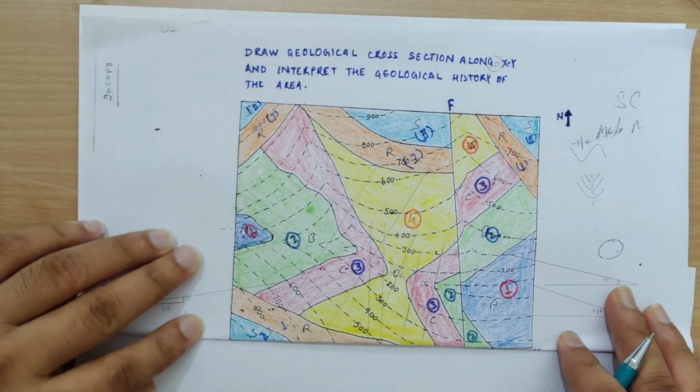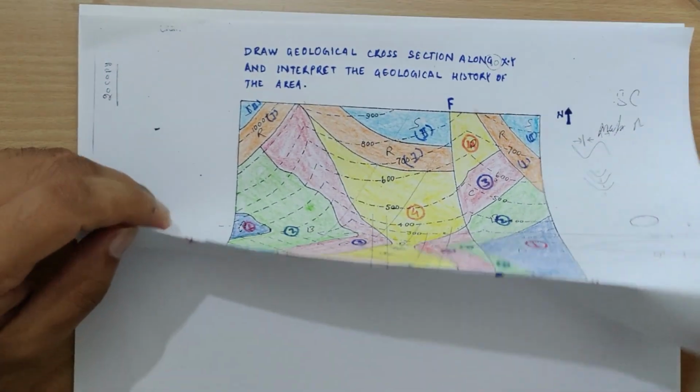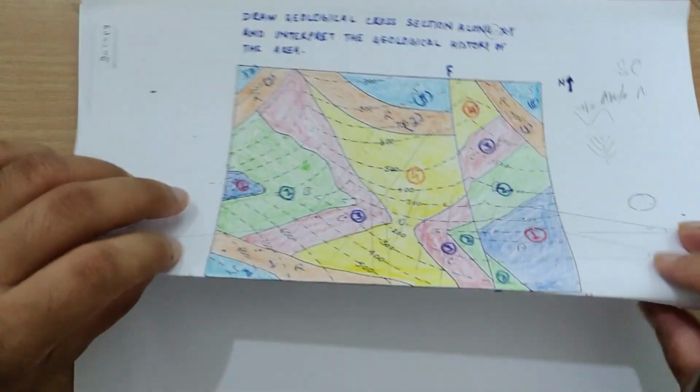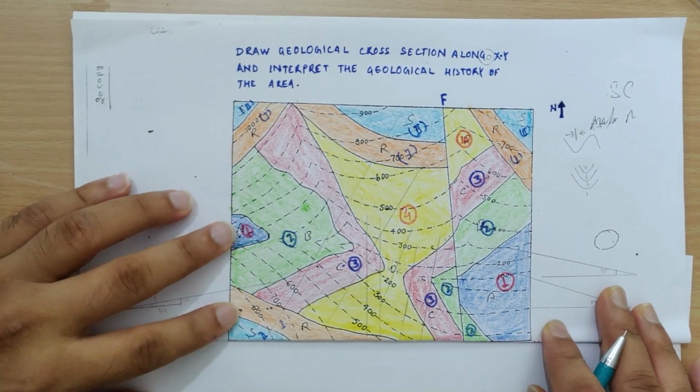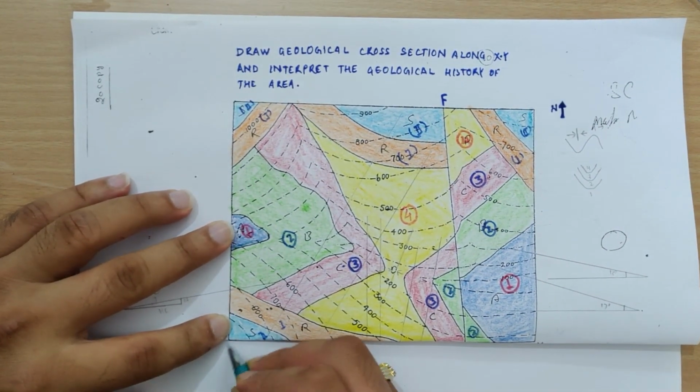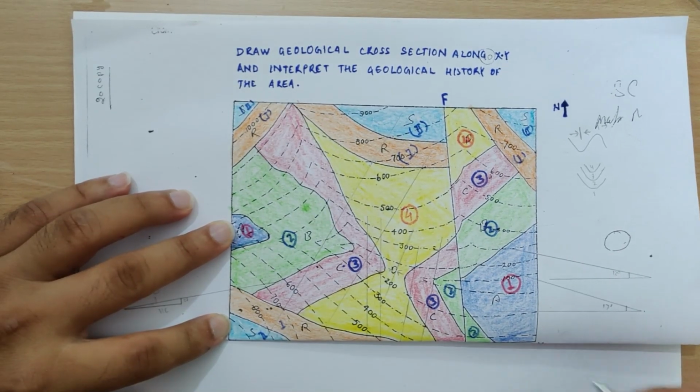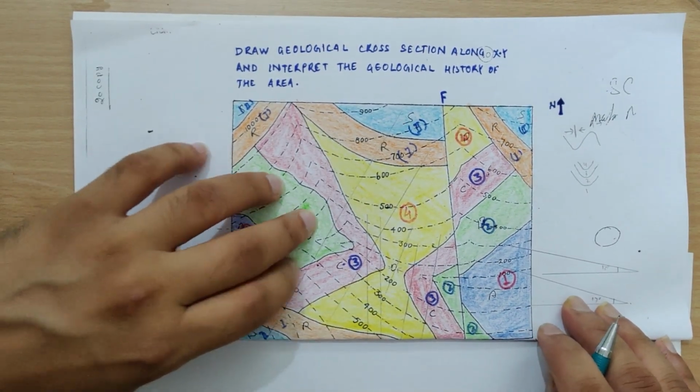So here is our XY point. We have folded this map along the XY line. Now mark the X and Y points. So this will be our baseline, X and Y point.